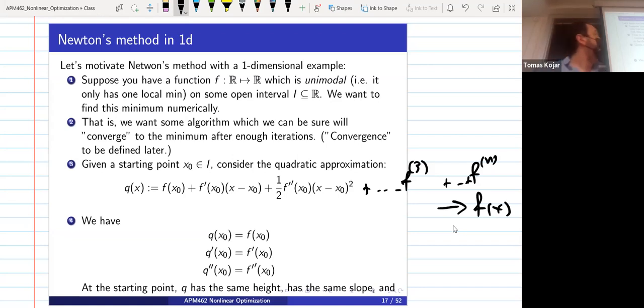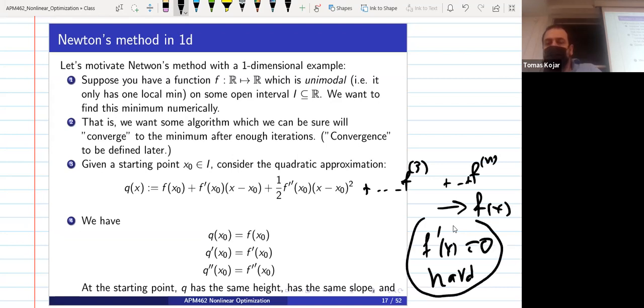Okay? So that was the initial motivation to say, okay, I cannot solve f prime of x equals 0. This is hard. So let me solve the approximation of it.